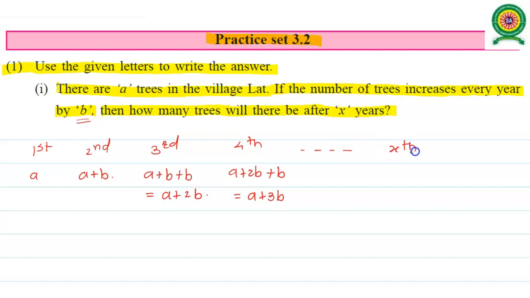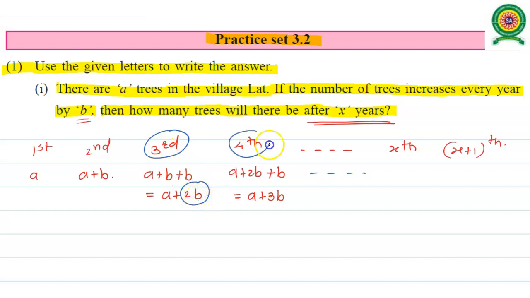In the Xth year, and after X years we have the X plus 1th year. Now we focus: in the third year we have one less number of B's, and in the fourth year also one less number of B's.